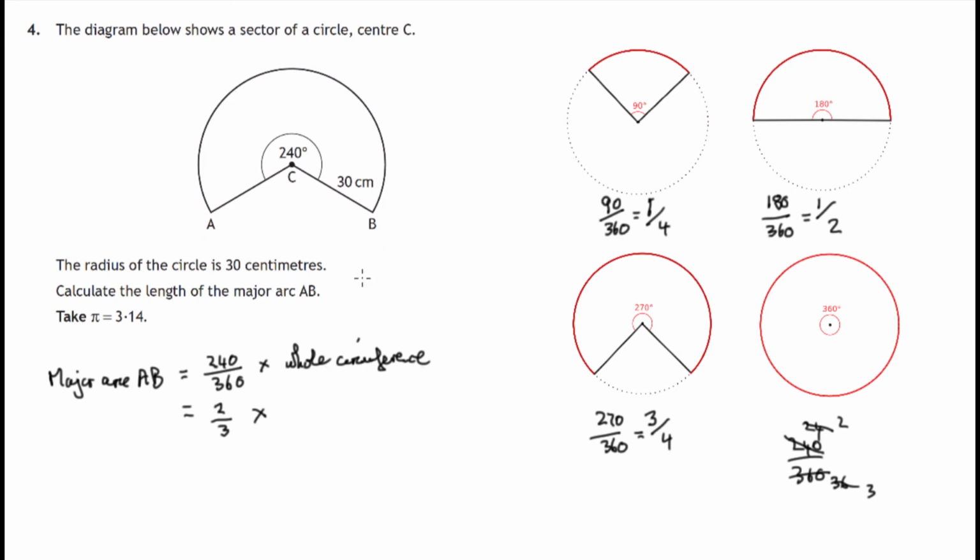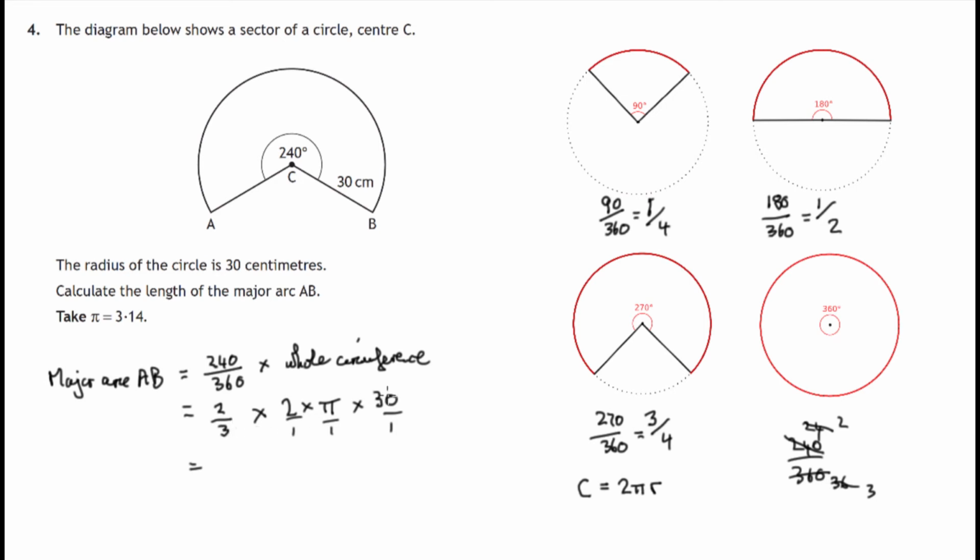Now the whole circumference, remember there's a formula that tells us the circumference of a circle is 2 pi r. 2 times pi times the radius. Well, we're told the radius is 30. So this is the calculation we have to do. Remember, all of these are on the top of the fraction. We can cancel before we multiply.